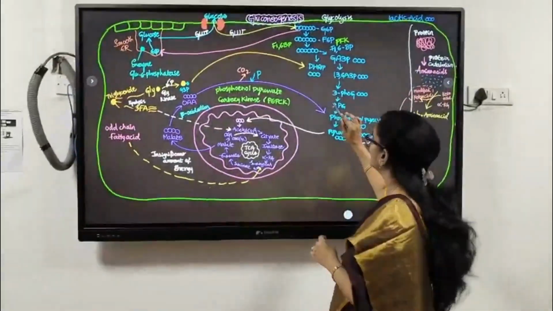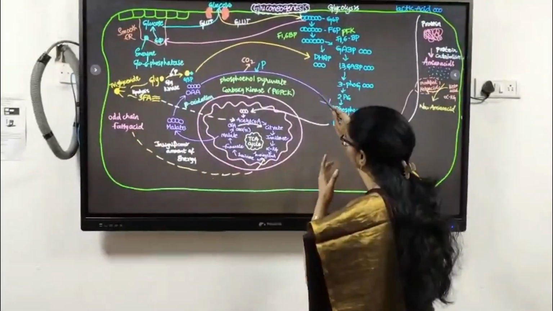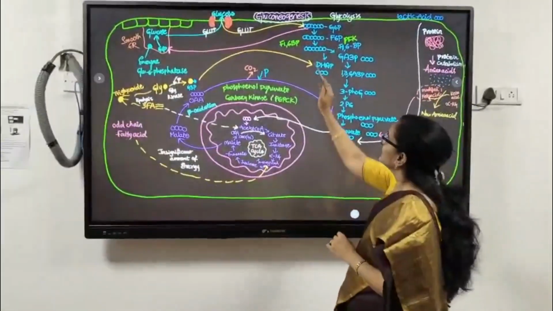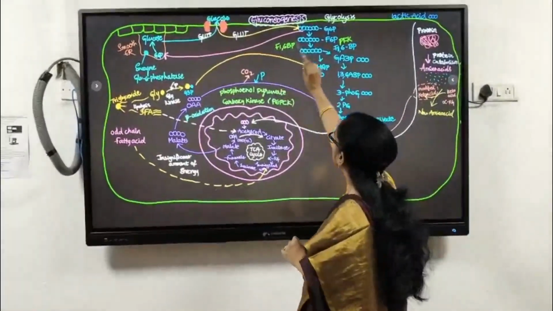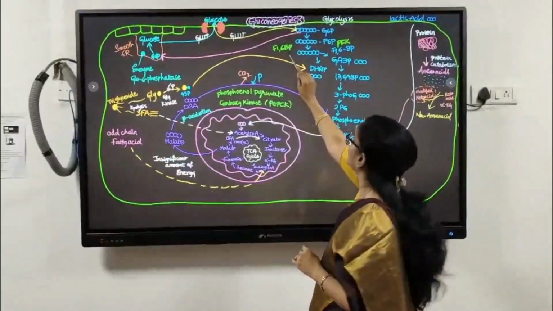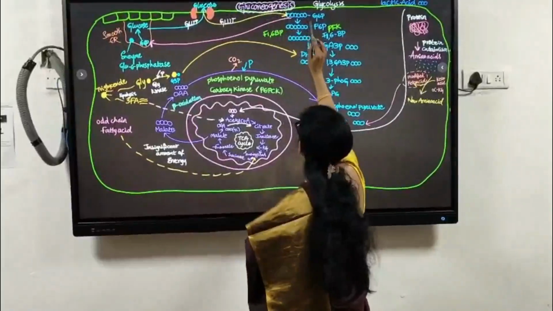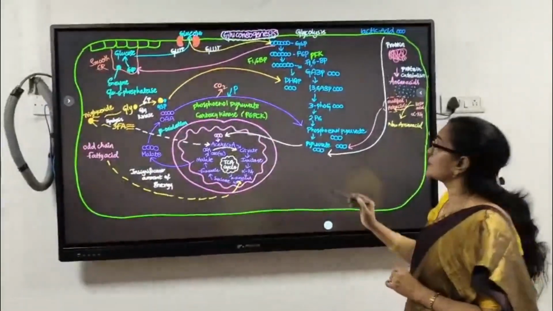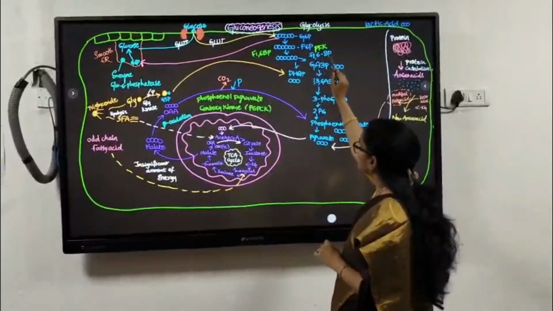are reversible reactions. Those 3 irreversible reactions are: the first, glucose to glucose 6-phosphate, which is catalyzed by hexokinase, and this is an irreversible step. The second is fructose 6-phosphate converted to fructose 1,6-bisphosphate.